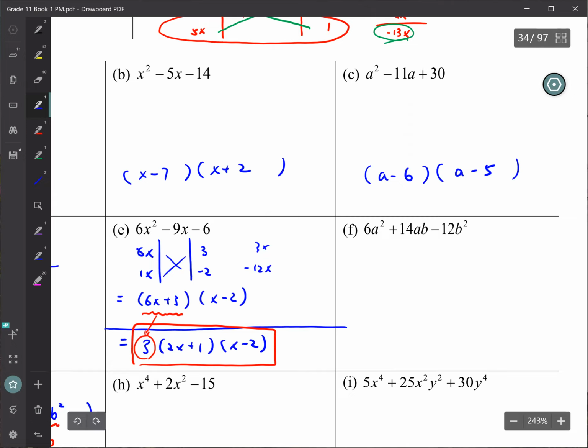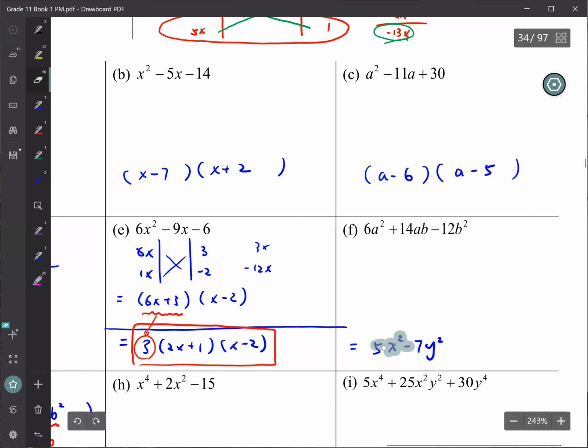All right, let's look at F. Question F. What's your answer, Marcus? For F, yeah, I got 5x squared minus 7y squared. Oh no, sorry, I'm looking at the wrong page. My bad.